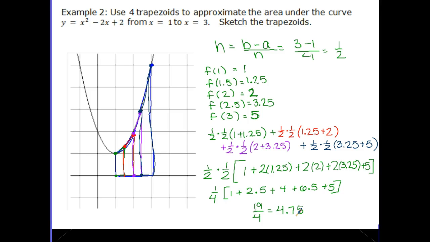Keep in mind, that's for linear approximation. That's the other direction. So we're going this way, and that was going that way. Do you see why they would be opposites? That's much more area, so it goes like this.